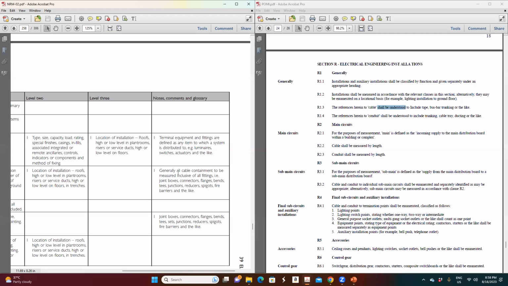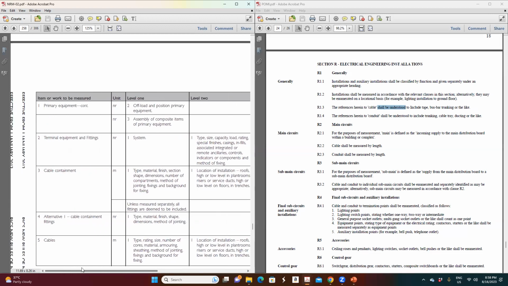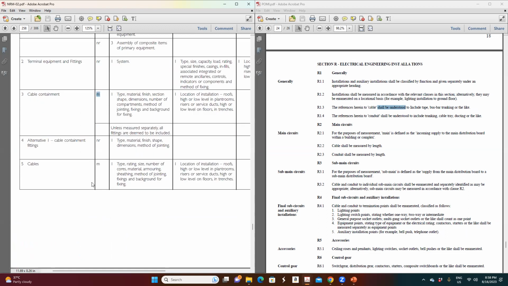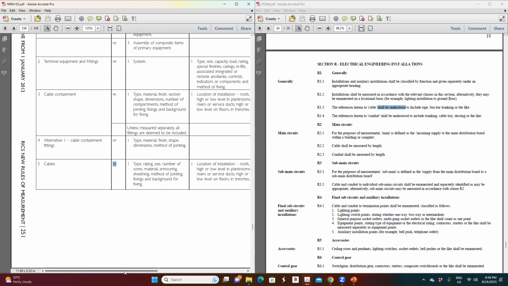Generally, cable containment is to be measured inclusive of all fittings, like junction box, connectors, flanges, bends, T-junctions, reducers, whatever it is. This has to be measured by meter. Then cables are also measured by meters.